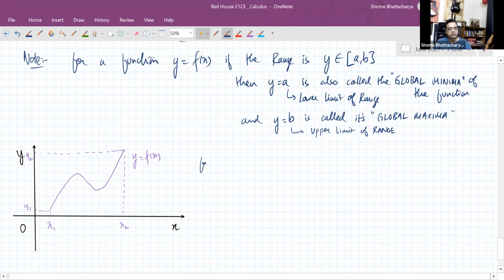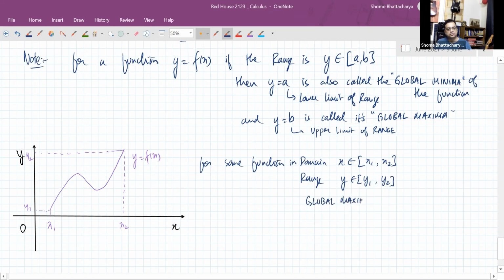So for some function, the range is y1 to y2. In this particular case, we can see that the global maxima is equal to y2 and the global minima is equal to y1.